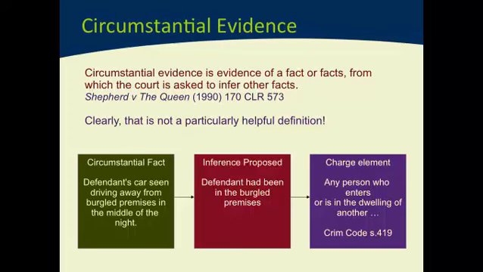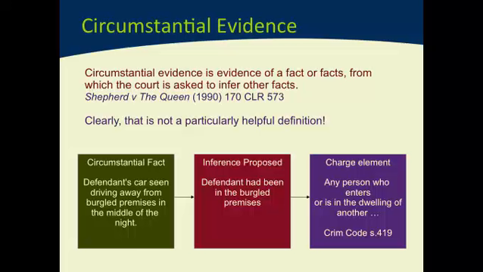The definition of circumstantial evidence comes from a case called Shepherd and the Queen, which is really the key case for circumstantial evidence. The definition is that circumstantial evidence is evidence of a fact or facts from which the court is asked to infer other facts. That is not helpful.